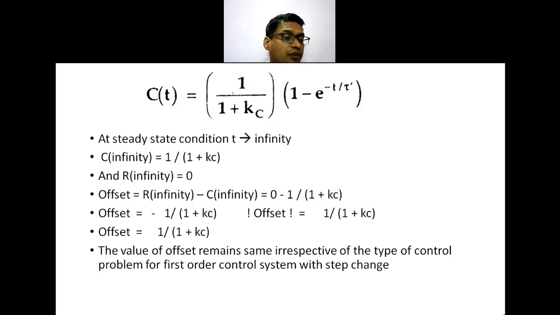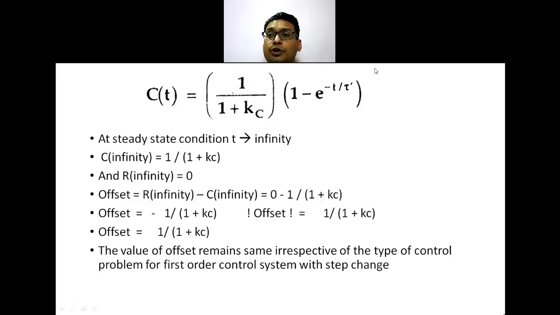So R infinity becomes equal to 0 in this case of a regulator problem. However, in case of a servo mechanism problem, R infinity equals 1. You have to remember this.